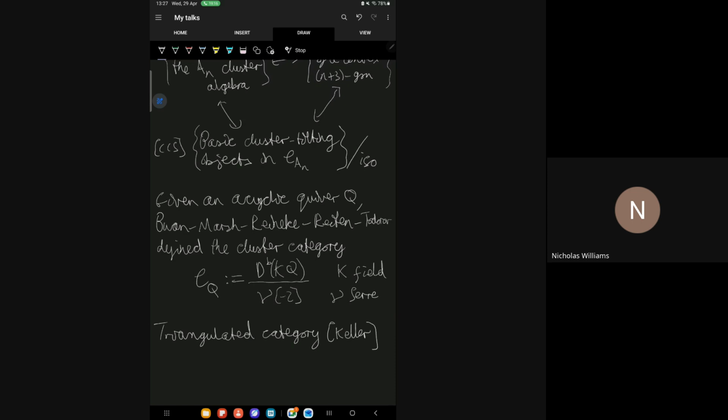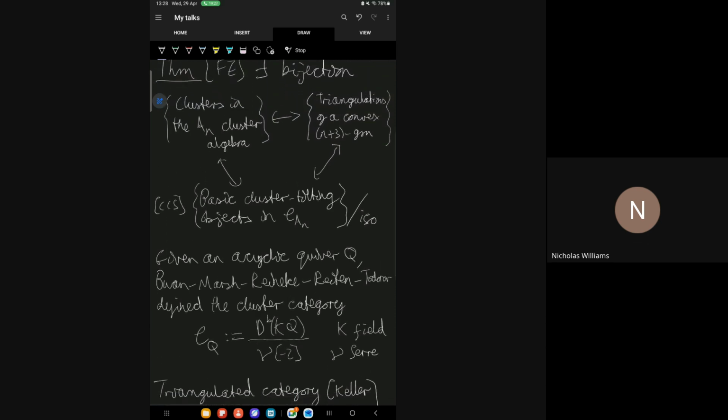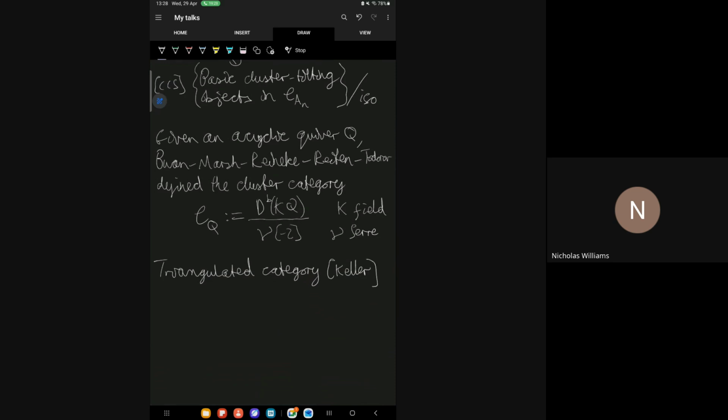Okay, so the starting point for the work I'm talking about today is this three-dimensional version of the above bijection, which is from earlier work from my PhD thesis.